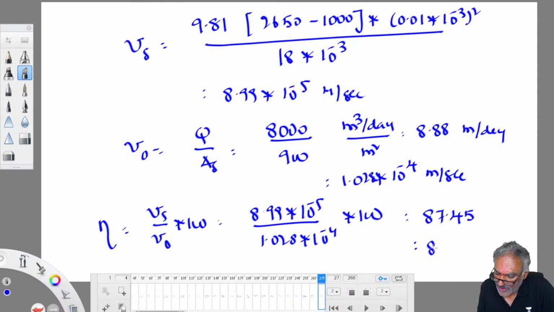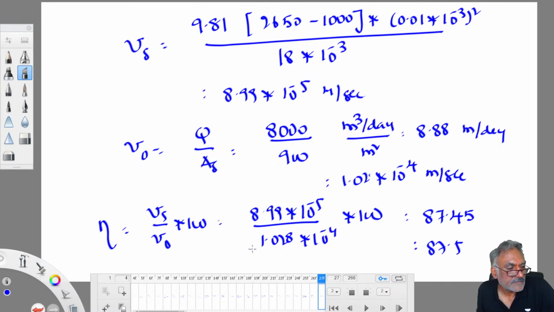So you can round it to 87 point something. You can take 1.02 otherwise, so 8.99 by 1.02, so 88 point something you will get. I got 87.45 with 1.028.